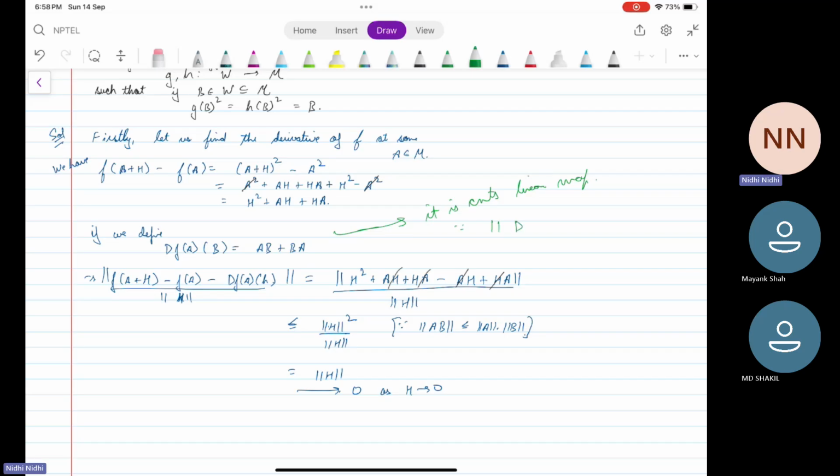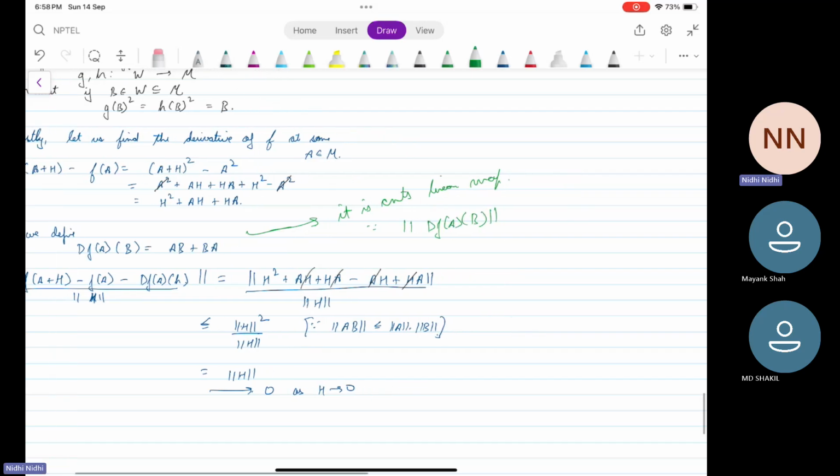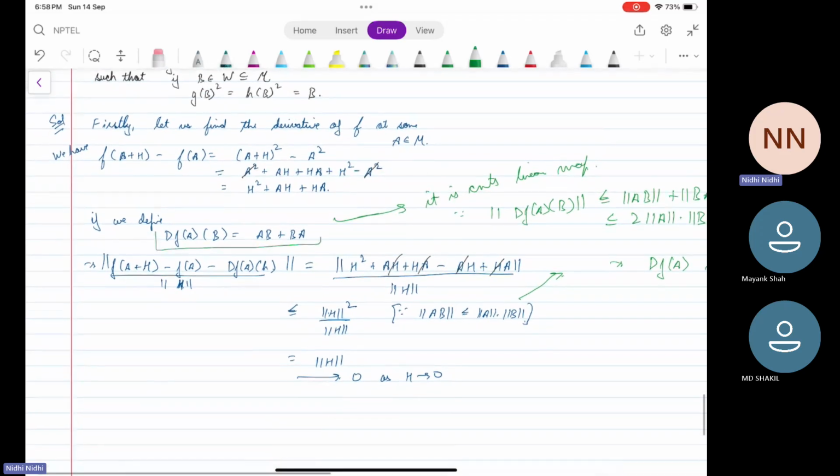And this dfA at any point B, this norm can be written as less than or equal to norm AB plus norm BA by the triangle inequality, and again by this condition this will be less than or equal to 2 times norm A norm B. And this is happening for every B. This implies this dfA is continuous linear. So therefore this serves as our derivative.